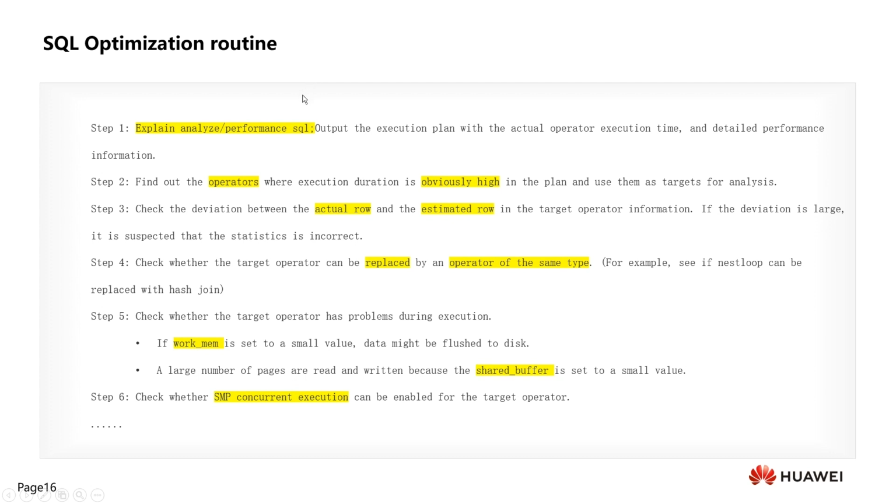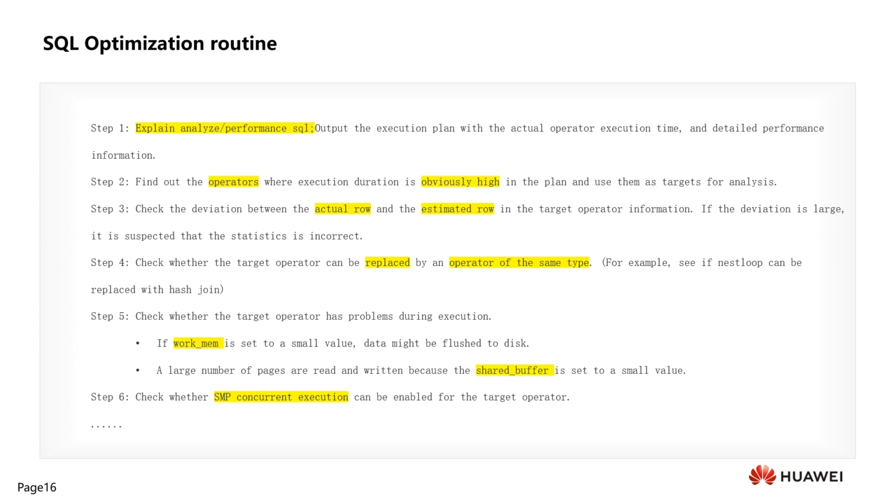And this is to identify the bottleneck operators. And after this, we need to check the deviation between the actual rows and estimated rows in the target operator information. We want to see if the statistics are correct. So if it is not, we have to analyze the table.